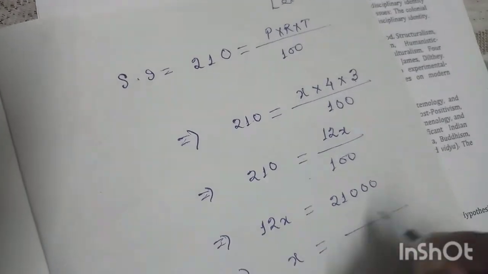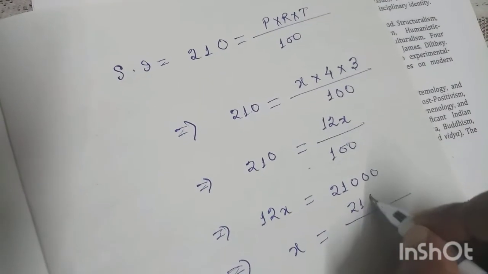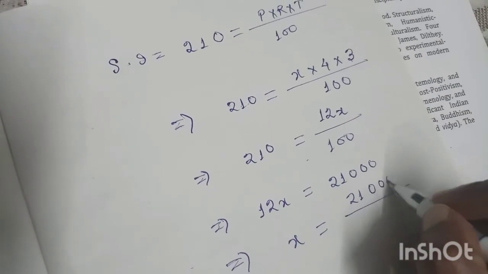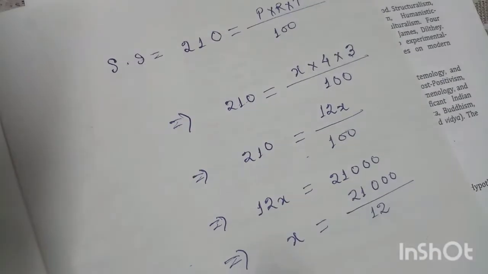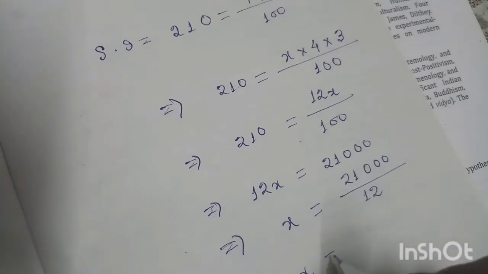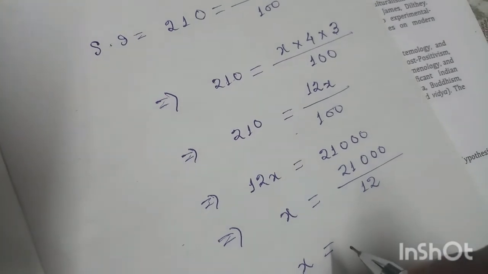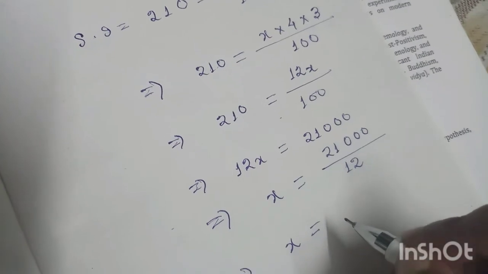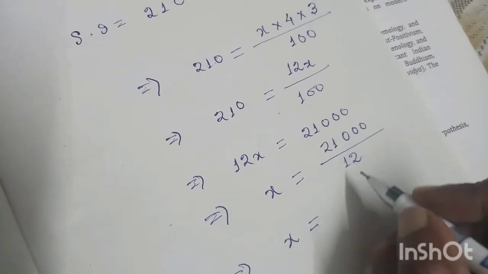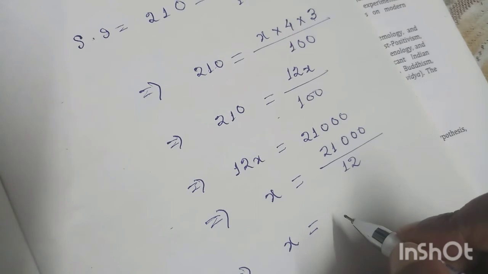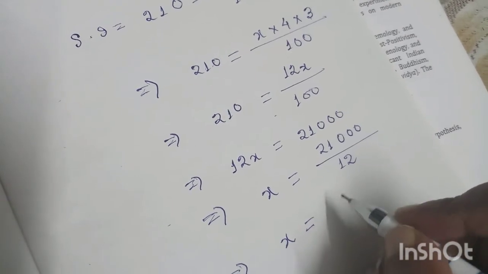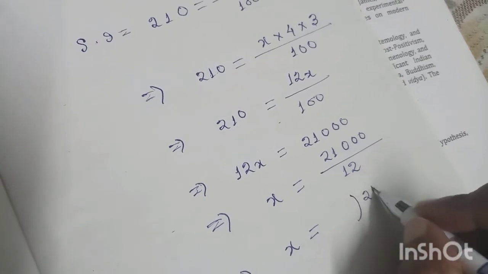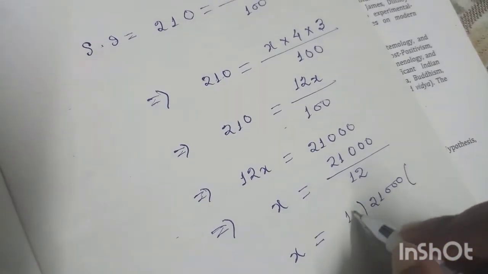x is equal to 21000 by 12, and what is the answer? After you calculate this, you will find x to be, divide it, 21000 by 12.